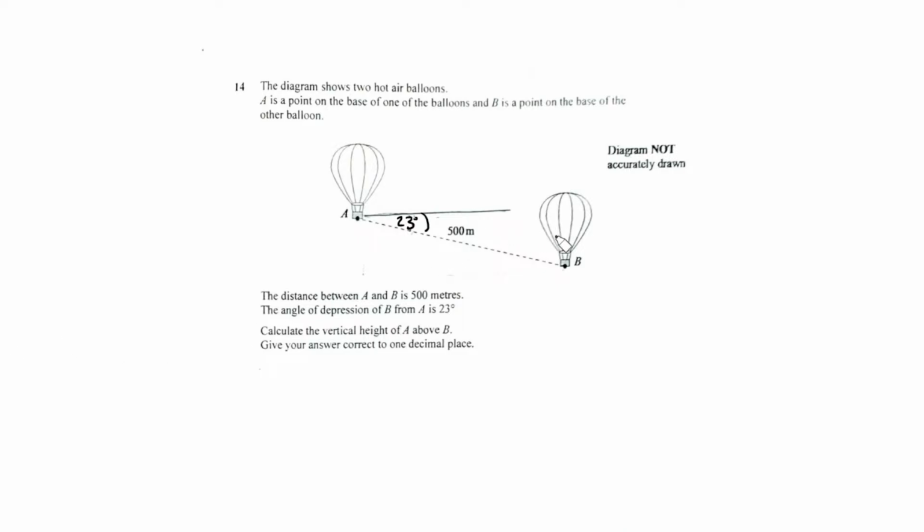I'm assuming that means, let's say if we were to carry this on, so you drew that line there, and let's say that was a straight line. And then if I drew this straight down, that's a right angle. We know the length of this is 500. We want to know this side. So that's the opposite, and this is the hypotenuse, so I would use sine.